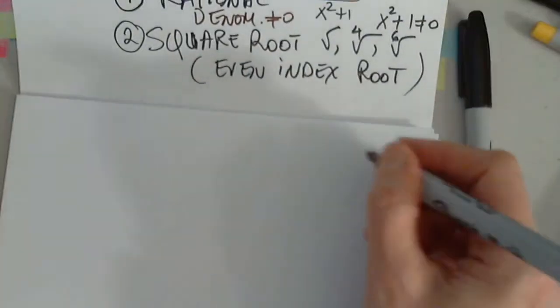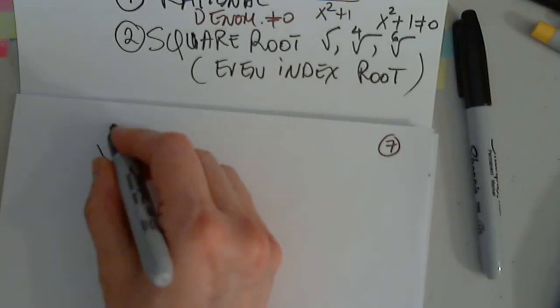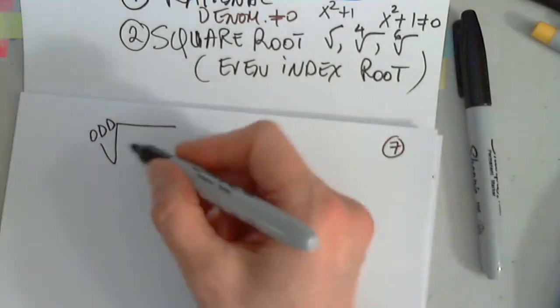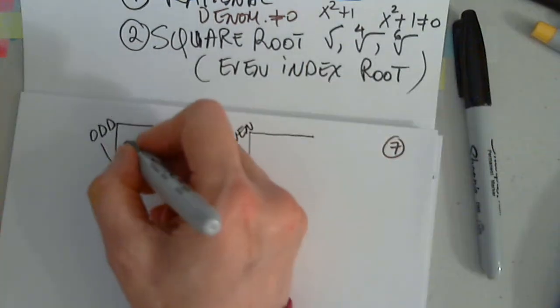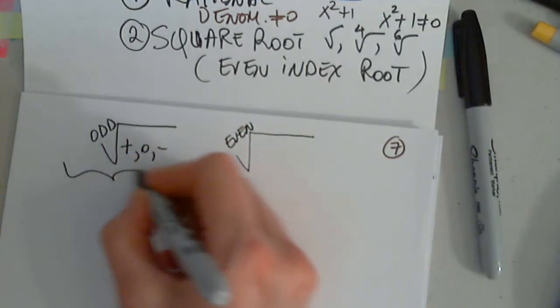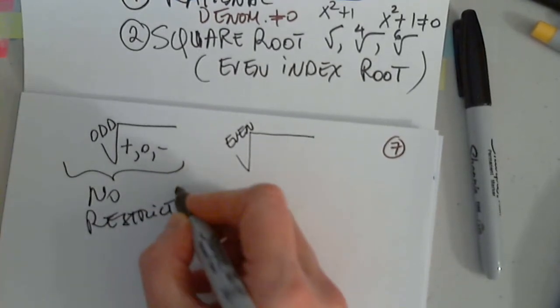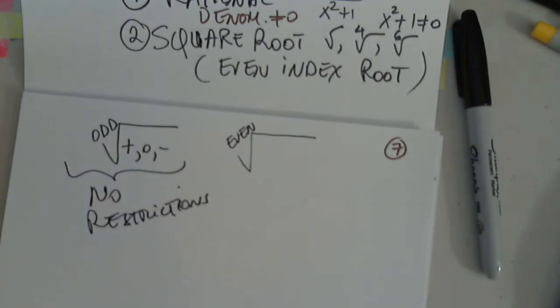What about the other indices? What about the odd indices? What do you think about the other indices? What about if the index is odd? Are there restrictions? No restrictions. An odd root, a cube root, the 5th root will exist for everything.